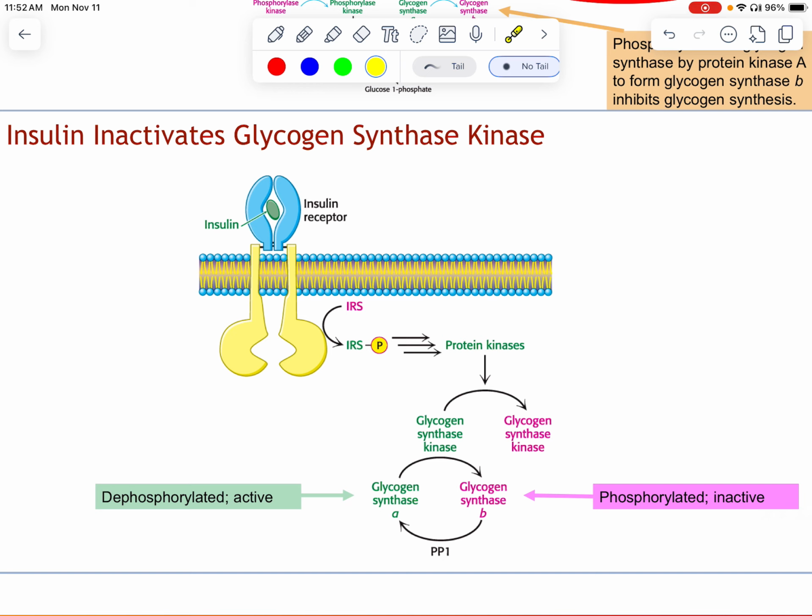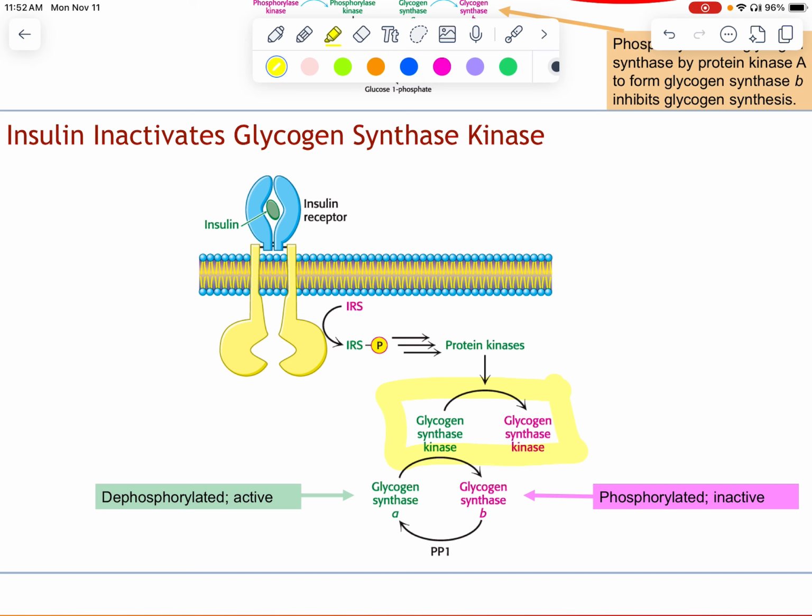So glycogen synthase kinase, we've got our insulin here. It sets off a cascade, this protein kinase. And then here is the piece we are looking at, this glycogen synthase kinase.